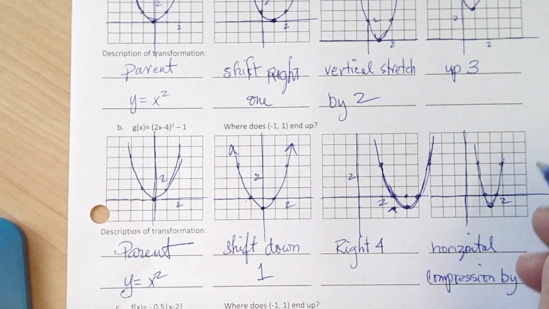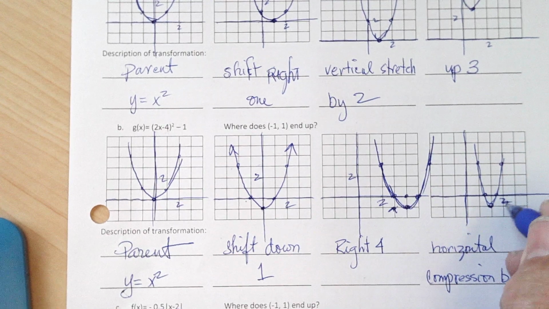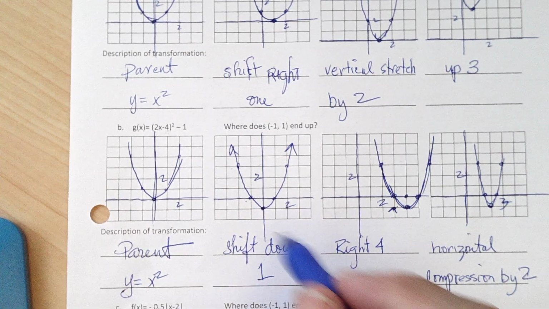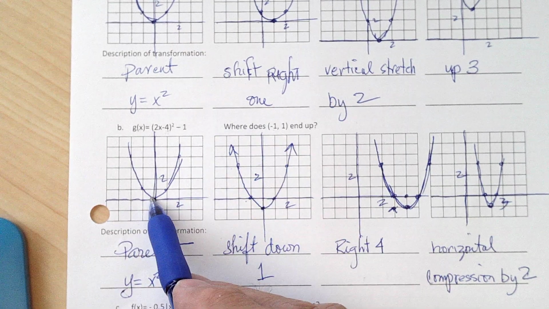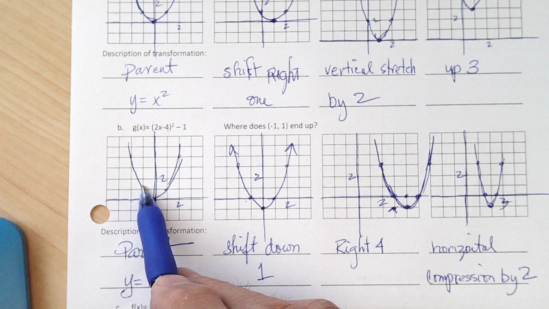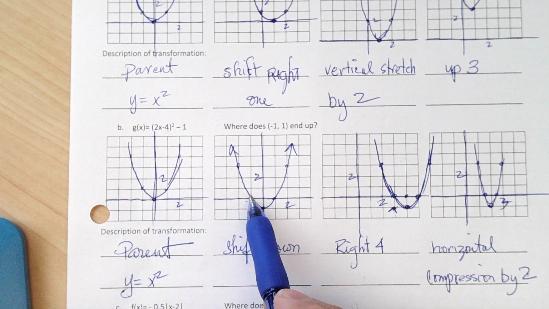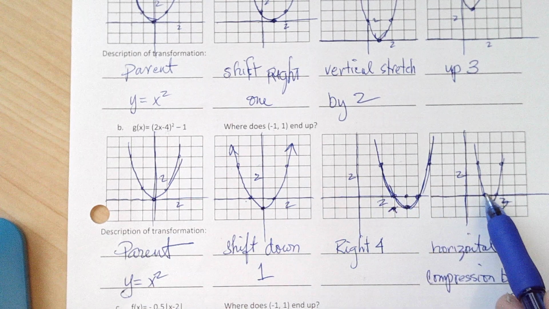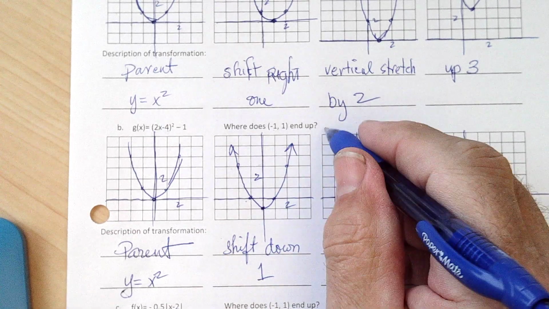Units on the graph: 2, 1, 2, 3, 1, 2. And so where did minus 1, 1 end up? Well, it went down to here, then it moved to there, and then it moved to there. So now it's at 1.5, 0.